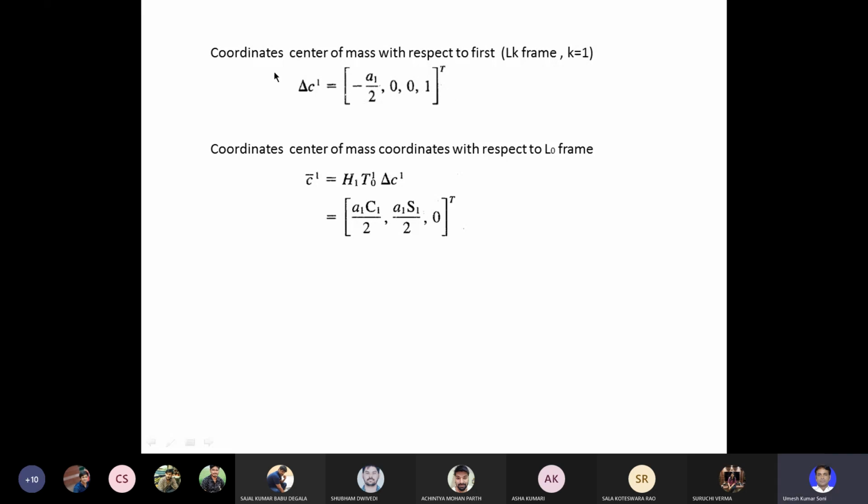So this will represent with respect to fourth coordinate and fourth frame, and this will represent the transformation T40, and then you can convert the center of mass of complete link. Suppose you are at the fourth link, so center of mass with respect to the base frame, then C4 will be H1 T40 C4.